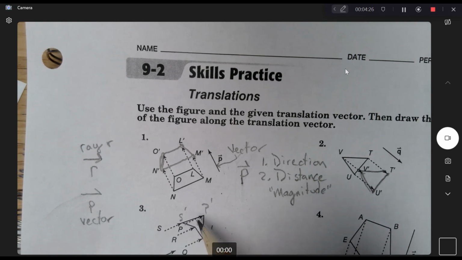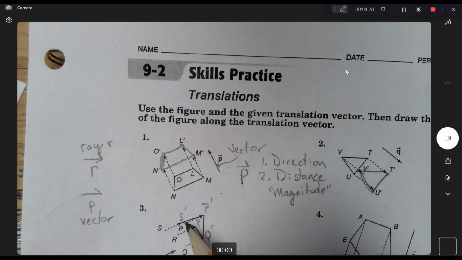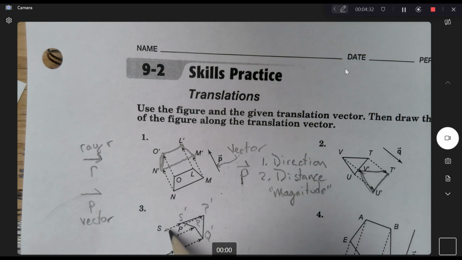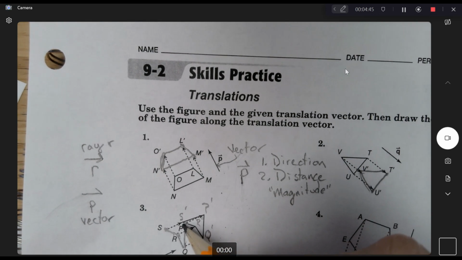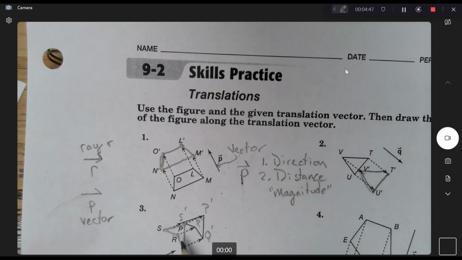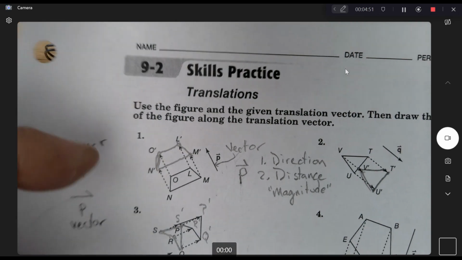Well, they would have had to be where these dotted lines ended up. So we'd have something like this. There's S, R, Q, and P. And if we connect them, we get the original quadrilateral and the translated quadrilateral.